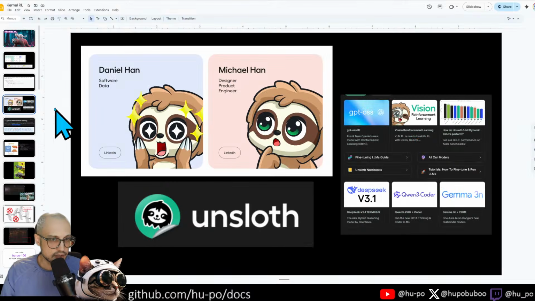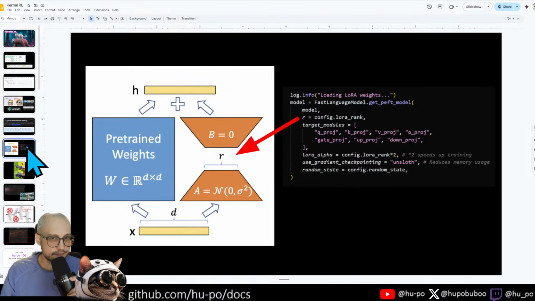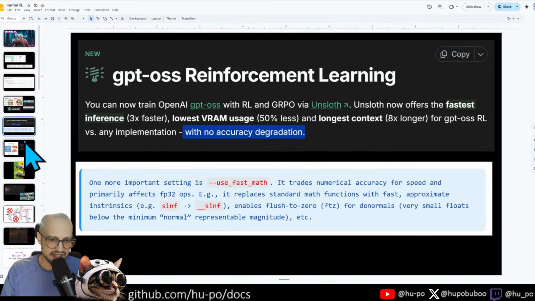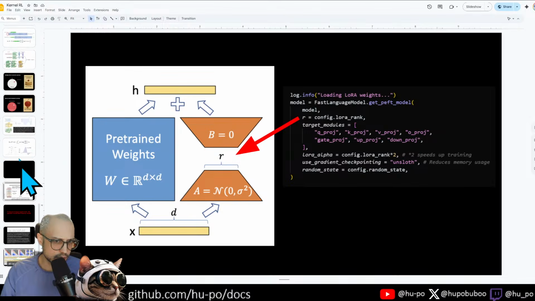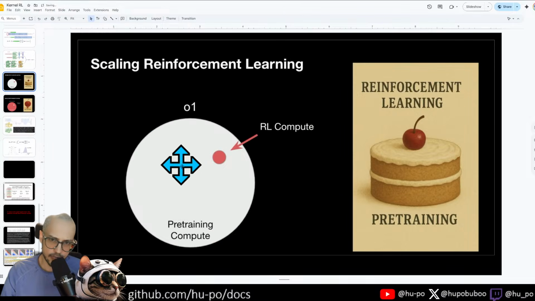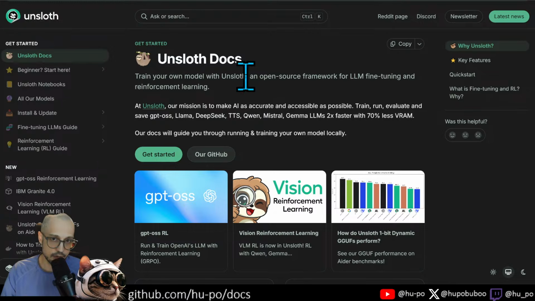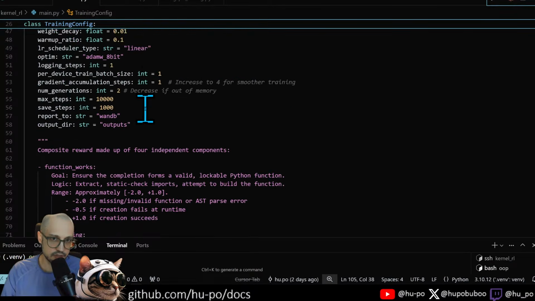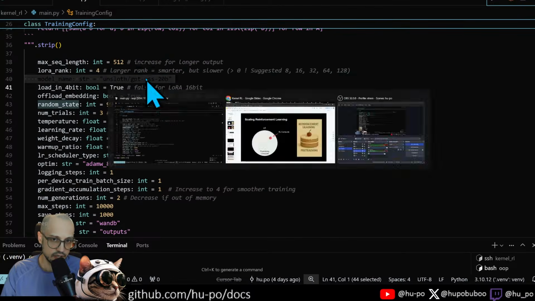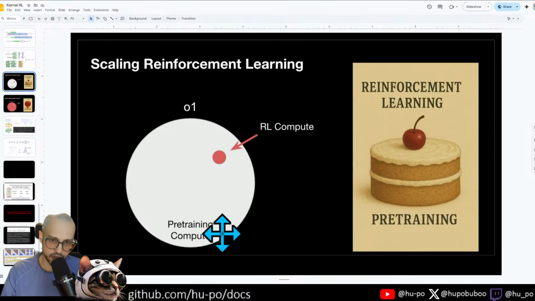All right, what else can we now talk about? Let's talk a little bit about exactly what we're doing here. What we're actually doing is training a LoRA adapter. You've heard me talk about this many times before, but whenever you're fine-tuning a model, and this is what we're doing now, the majority of the training of this model, GPT-OSS 20B, is this white bubble here, which is pre-training compute.